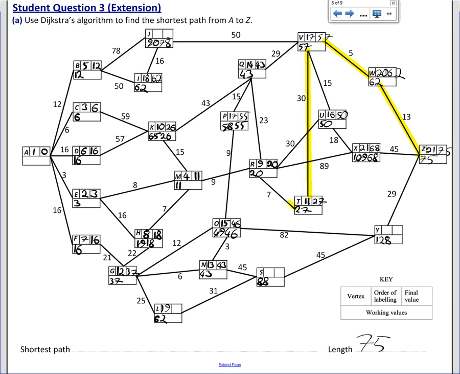Then 27 minus 7 equals 20, so we must have gone that way. 20 minus 9 equals 11, so we must have gone that way. 11 minus 7 does not equal 18, but 11 minus 8 equals 3, and 3 minus 3 equals 0. So that is the shortest path there, which we just label as A, E, M, R, T, V, W, and Z.